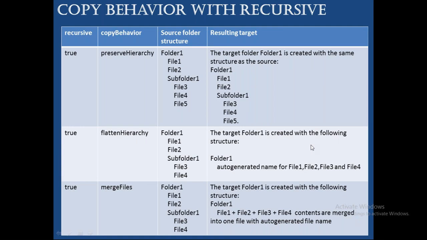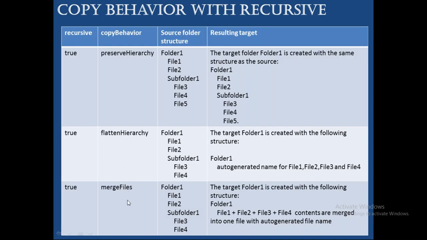Okay, clear? This is all about the recursive option, and you are going to use these options. Copy behavior: preserve hierarchy means exactly whatever structure we have on the source side, it will go to the sink. Flatten hierarchy means if you have any subfolders, those will be removed. All files will come to level 1, meaning under the root folder.